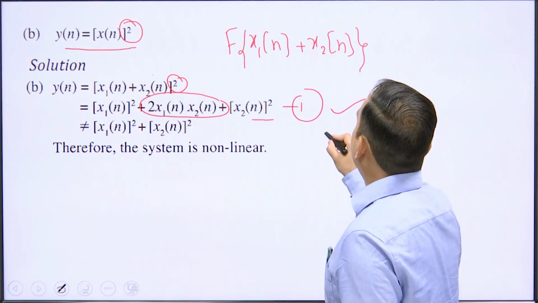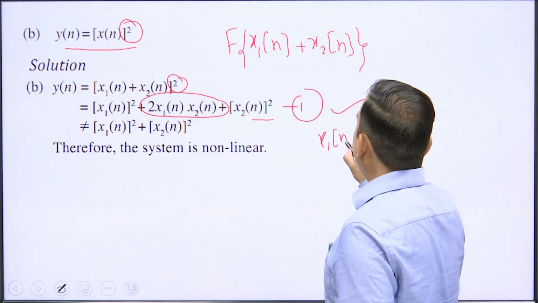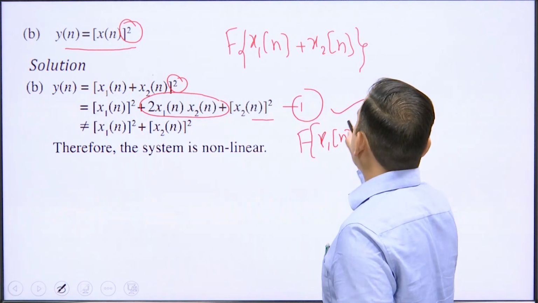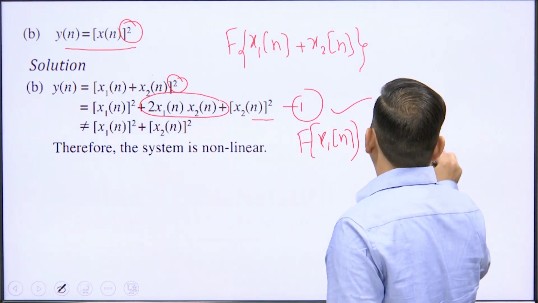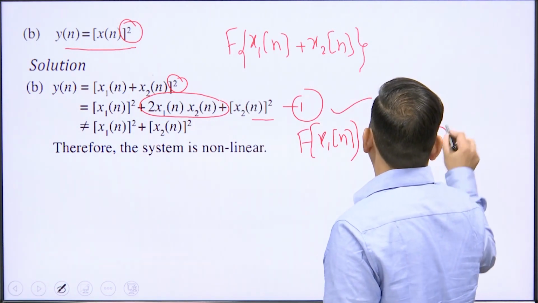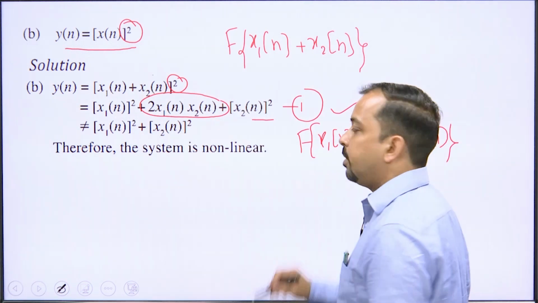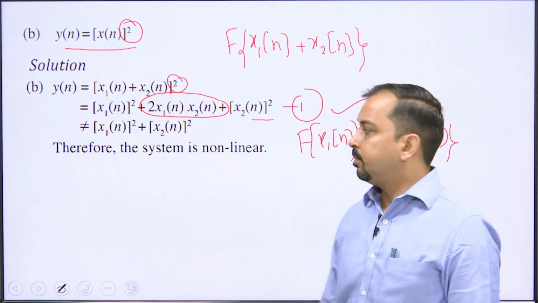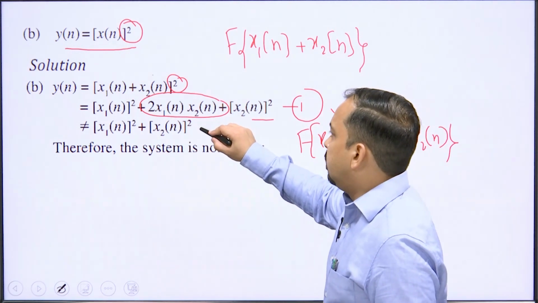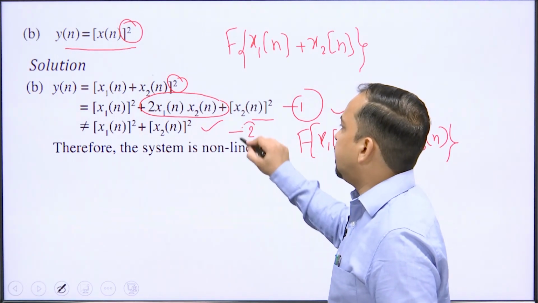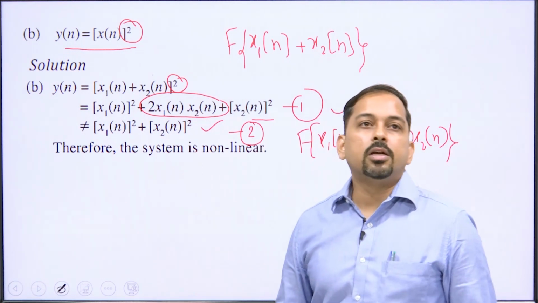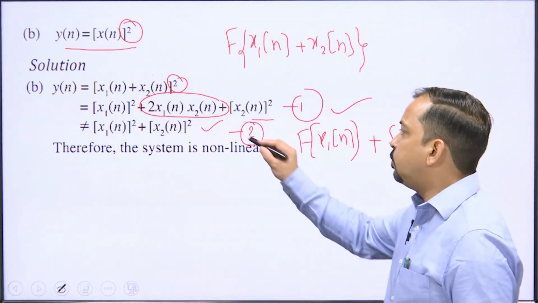Equation number 2 is, we have x1[n], we will apply the system first, we have x2[n], again we are applying the system and will perform the additivity operation. So, we are getting equation number 2 something like this, which is x1[n] square plus x2[n] square.